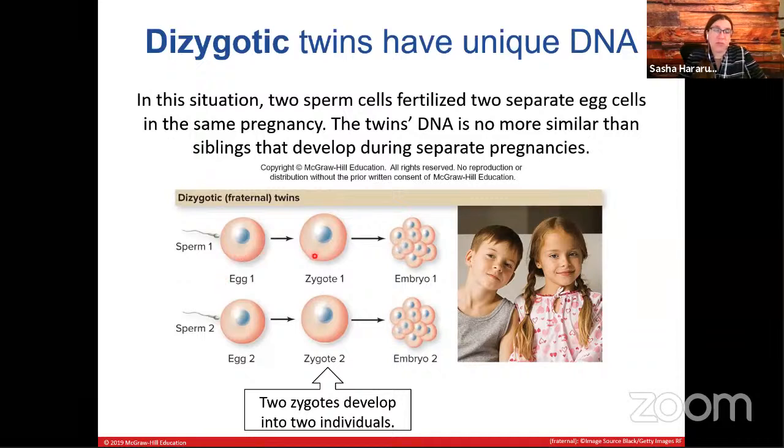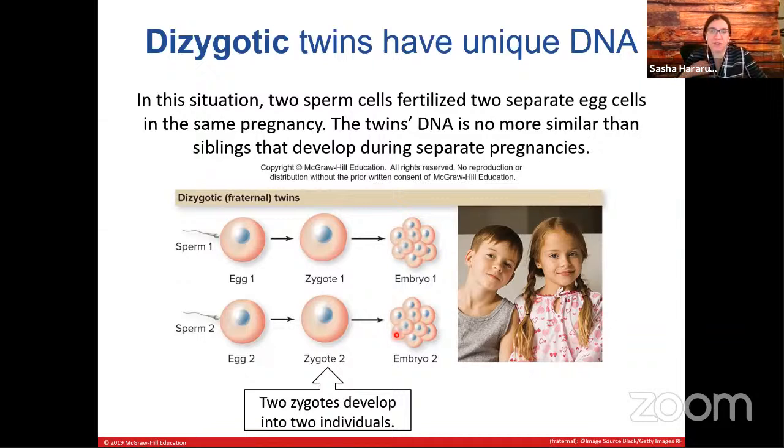From two sperm cells and two egg cells, two zygotes will be formed and two embryos will be formed, and there will be two babies growing in one womb. Occasionally a woman's body releases two egg cells and not just one, and if both are fertilized, then the woman will be pregnant with fraternal twins.